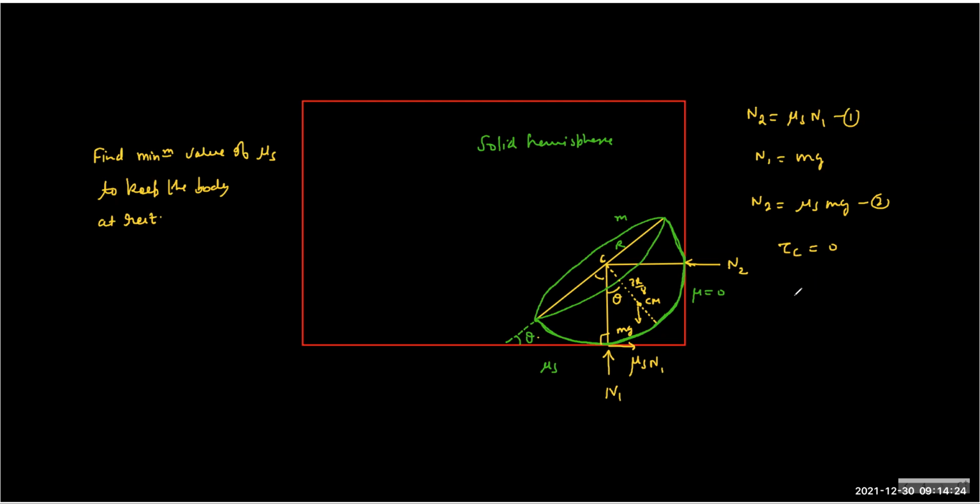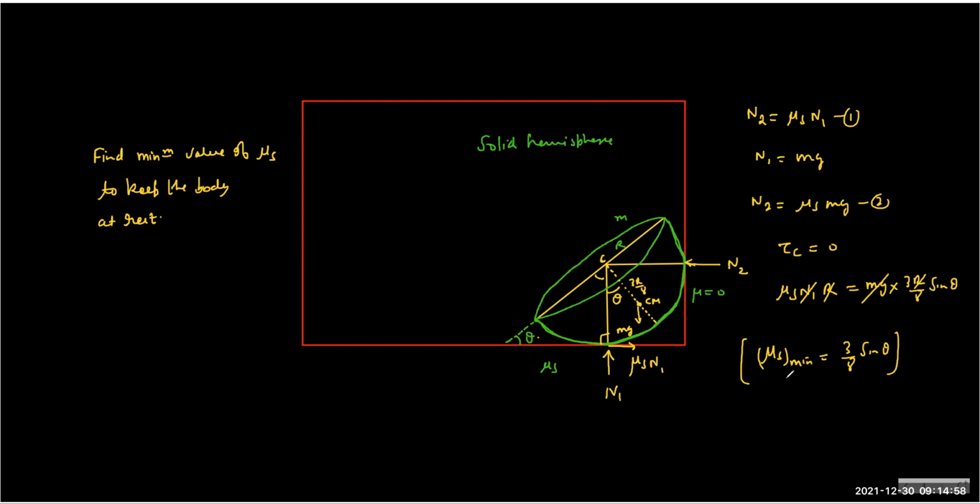The torque about C due to the friction will be mu s N1 into R, because that's exactly our distance away. This must equal mg multiplied by 3r by 8 sine theta. N1 itself is mg, so this cancels, R cancels. So the mu s minimum we are deriving is 3 by 8 sine theta.